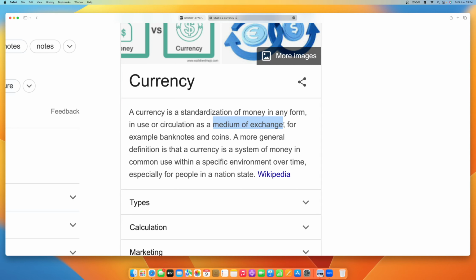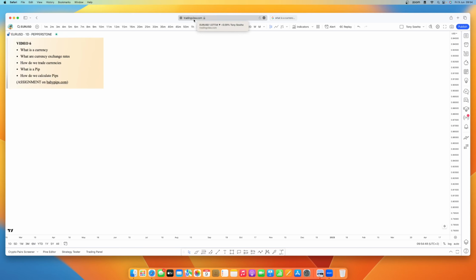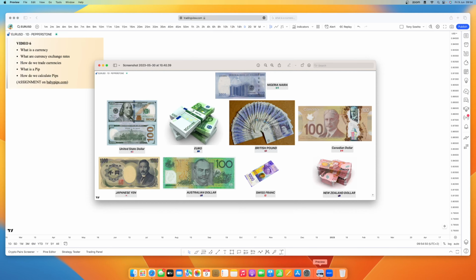A more general definition is that a currency is a system of money in common use within a specific government over time, especially for people in a nation. Over time, the system of money that is commonly used within a specific environment. So there is a place where this money, these banknotes or coins, can be of use. Remember in the last call, I gave you an example of you having the naira and then traveling to another country.